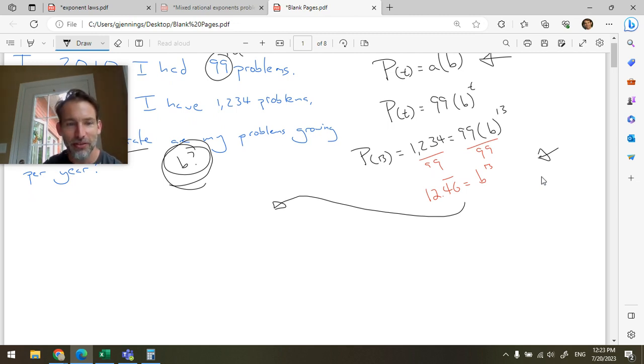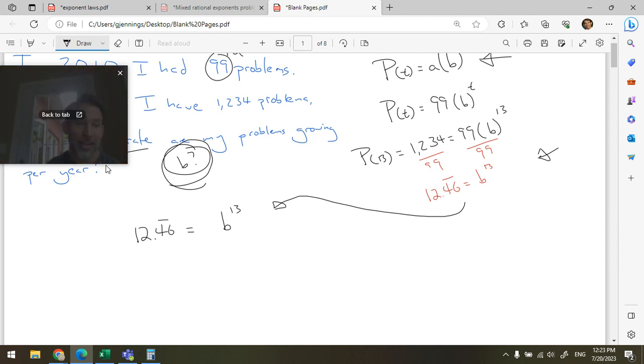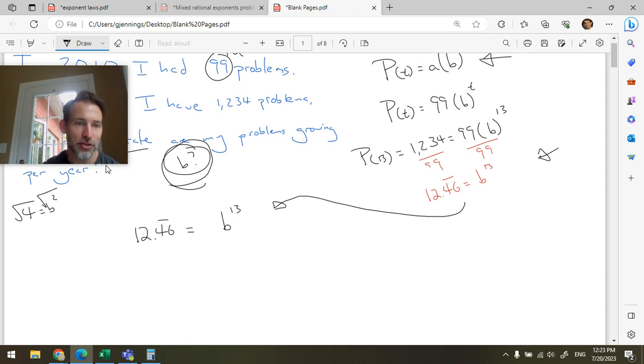All right. So we have 12.46 repeating is equal to b to the 13. Well, if I told you that 4 was equal to b squared, probably 99 out of 100 of you, and the one who wouldn't is one of my problems, would say you just take the square root of both sides, Mr. Jennings.